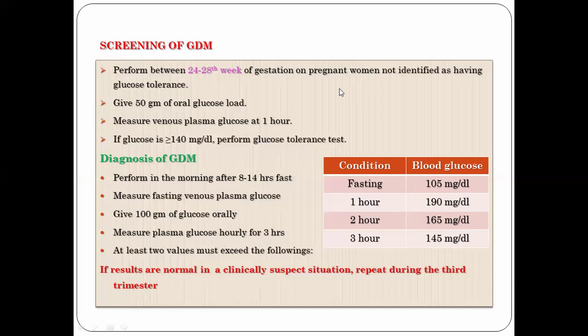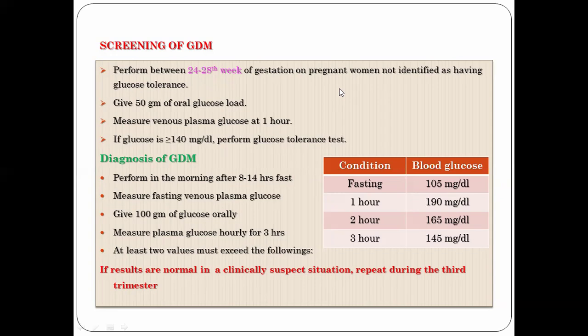So the diagnosis of GDM is performed in the morning after 8 to 14 hours of fasting. So fasting is mandatory here. Then measure fasting venous plasma glucose.